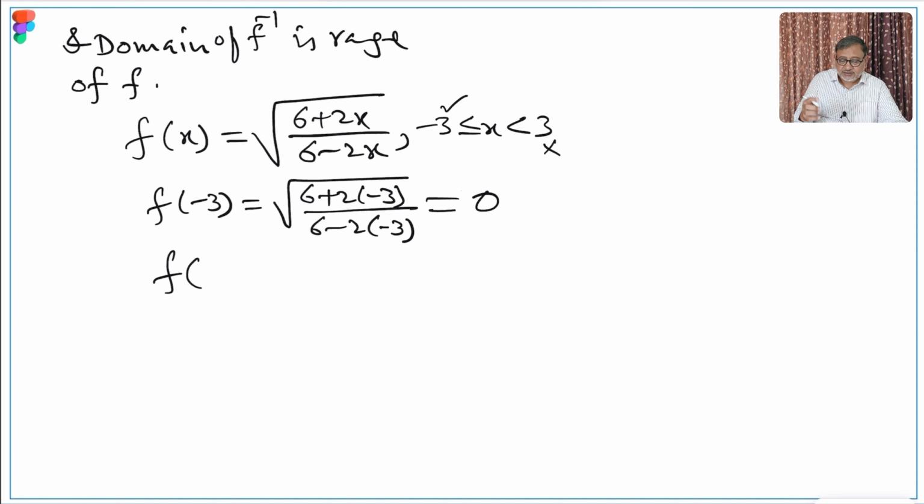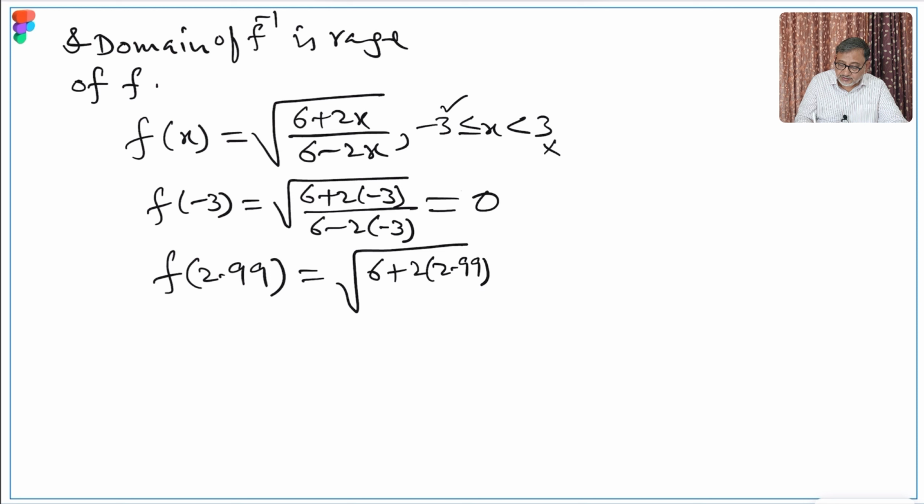So little less than 3 we will take, 2.99 we will take, just to check until what it is going to reach. So 6 plus 2 into 2.99 over 6 minus 2 into 2.99.